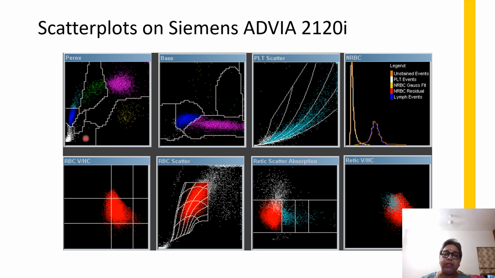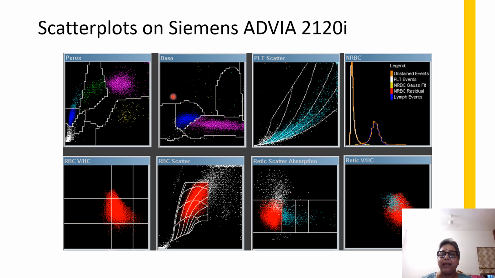So based upon the size of the cell, which is plotted, and the absorbance of the cell, you will get a scatter plot where you'll get eosinophils, neutrophils, monocytes, and so on. So this is based on myeloperoxidase staining of the WBCs in the sample that is fed into the cell counter. This is an optic scatter to determine the basophil count and also the total WBC count.